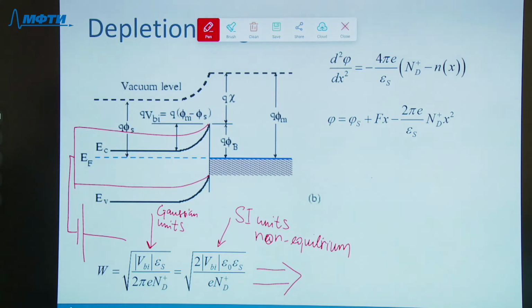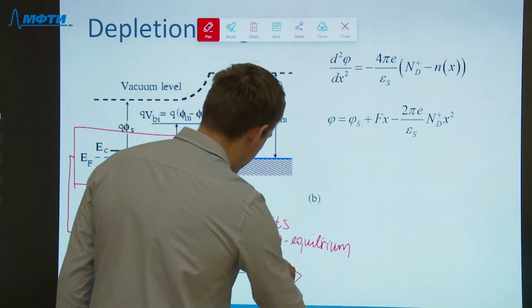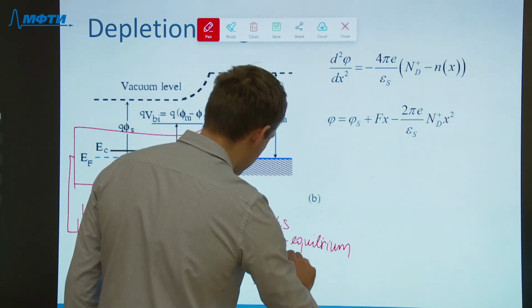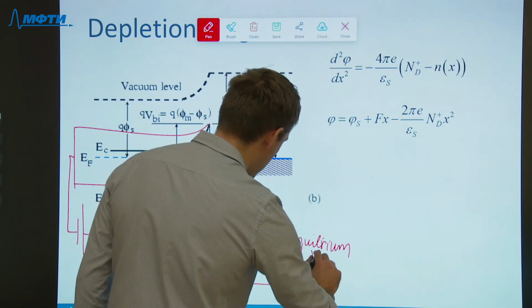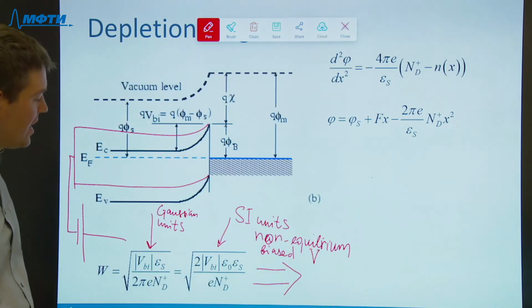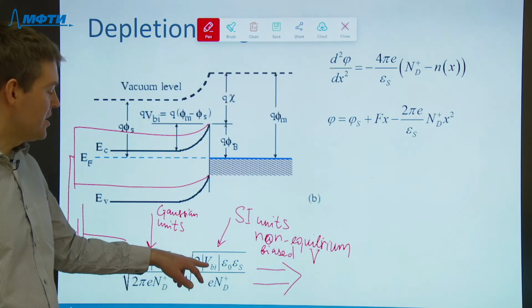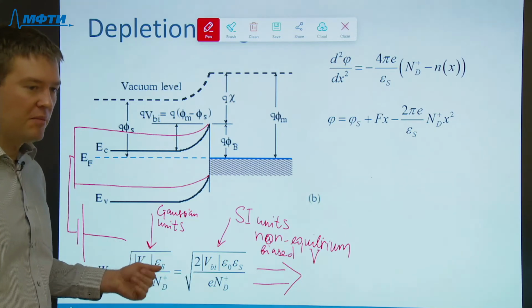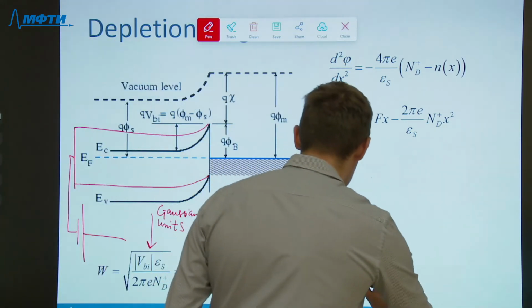If the junction is non-equilibrium or biased with some voltage V, then the built-in potential should be corrected by the amount of the bias potential.